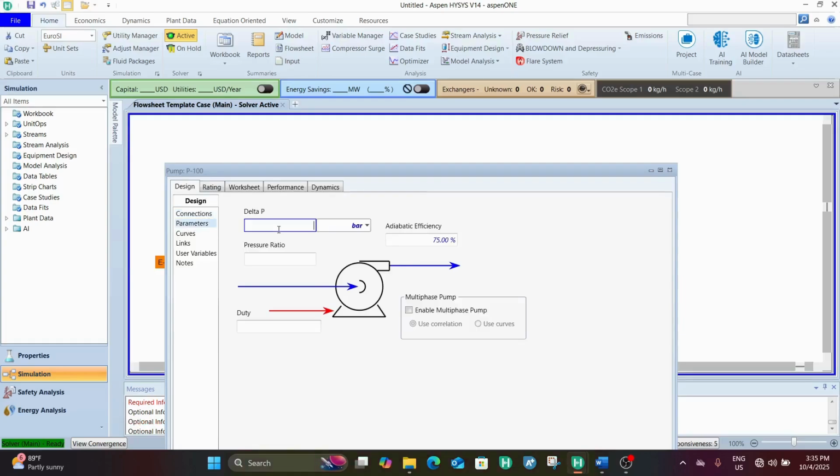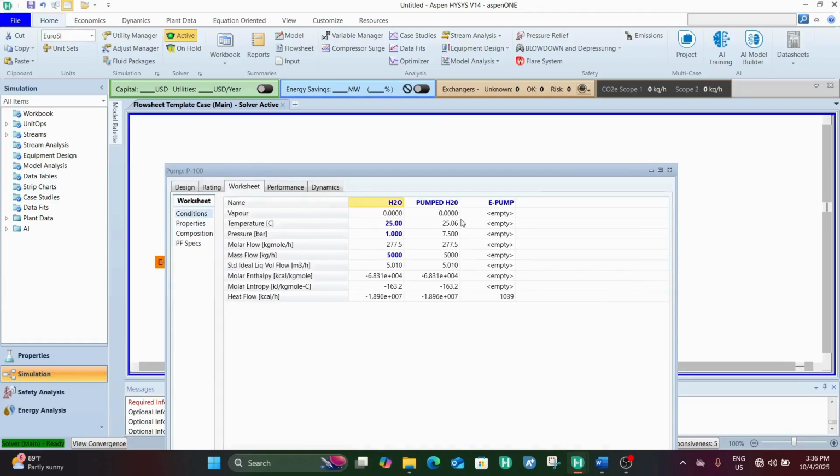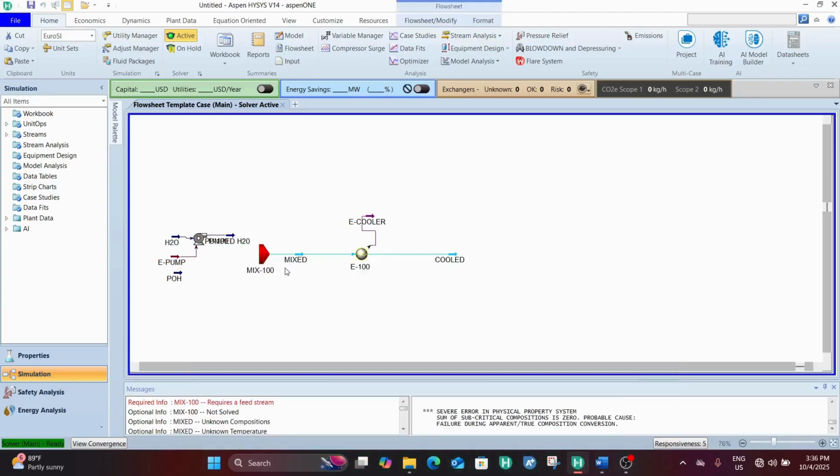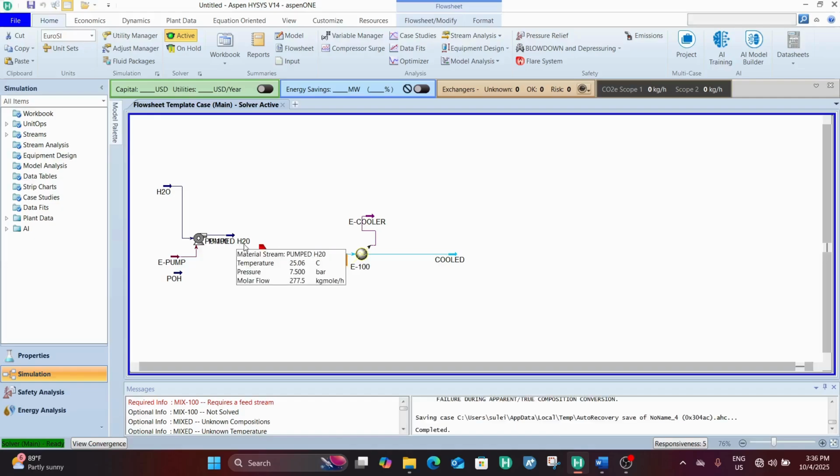So, change in pressure from 1 bar to 7 bar, that means we need an increment of 6 bar, but let's account for the pressure drop inside our cooler, which is about 0.5 bar, so we could just make this 6.5 bar. Cool. We have 7.5 bar. I think we're good to go.